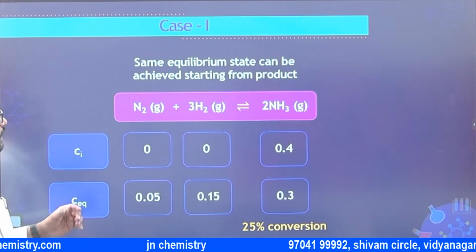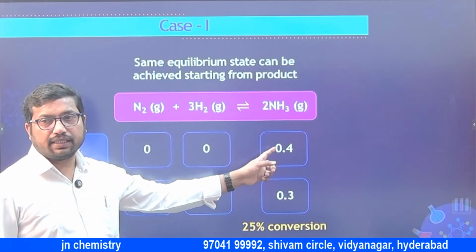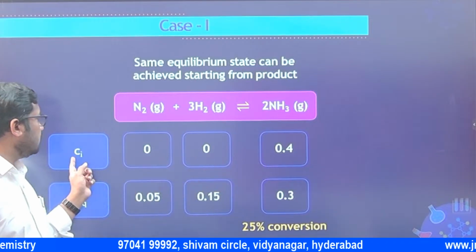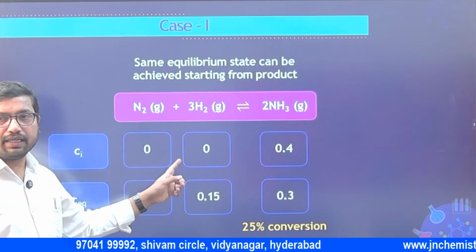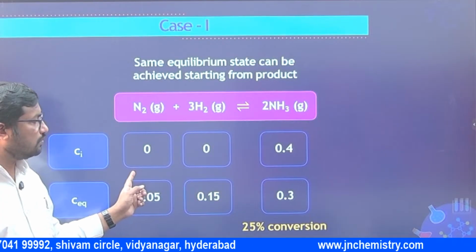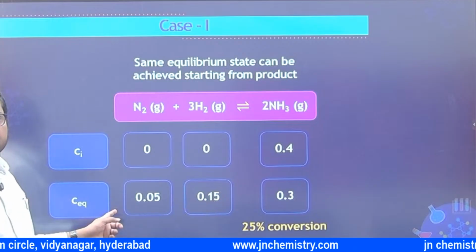And the equilibrium state can be achieved from the product side also. In this case, what exactly happens? The initial concentration of the product is 0.4, but the reactant concentration is 0. After equilibrium the same thing happens.